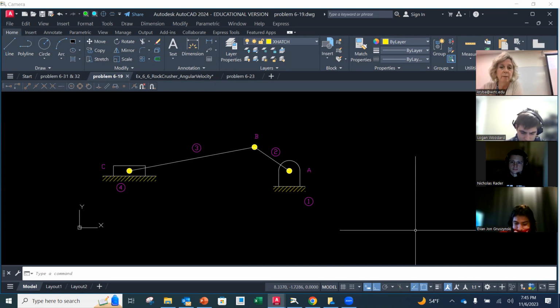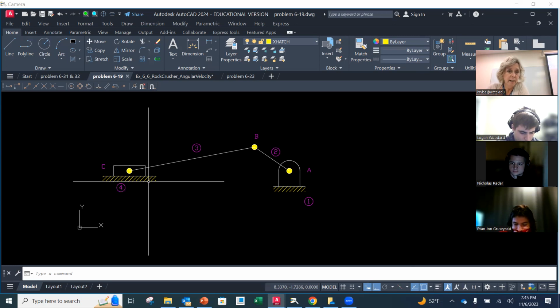I know sometimes students are like, oh, maybe we don't have to worry about the labels anymore. We're in chapter 6 now. We're going to continue to use labels because our velocities are going to relate back to the points, and any angular velocities are going to relate back to the links. So we have to know which links correspond to what values. All right. So now, as we look back at our process, the next thing that we're going to do is add in the lines of action of each one of the velocities that we're going to need to find.